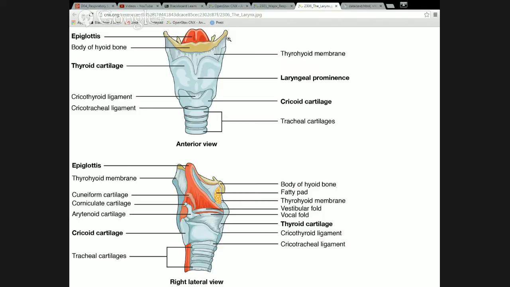Now, you can't exactly feel the hyoid bone, but it's located right at the transition between the bottom of your jaw and your throat. You can't feel it because it's got a bunch of muscle tissue covering it. So you can feel the belly of the muscles that are right on top of it, right about here on the side. But you can't actually feel the bone itself.